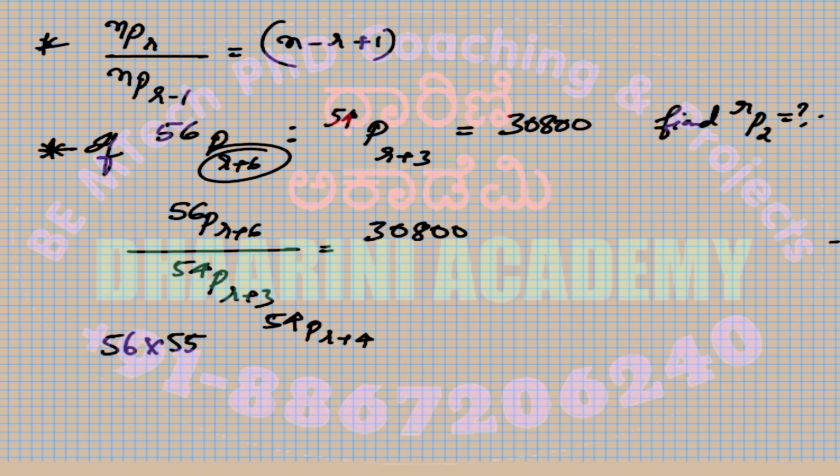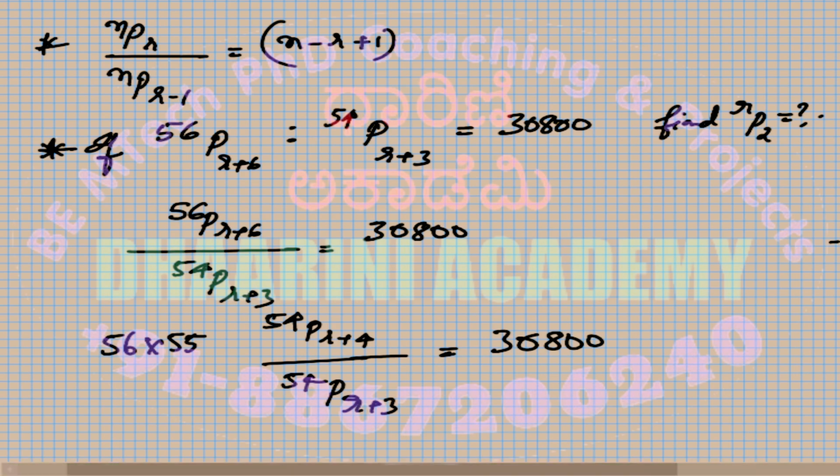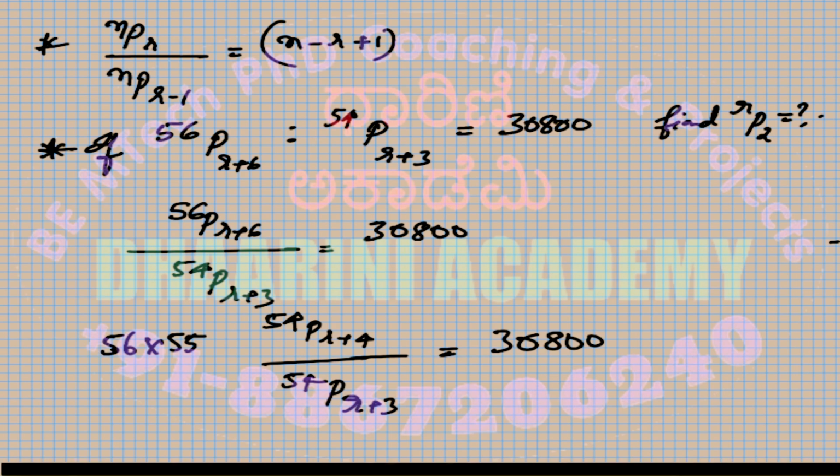So 56 became 54, and r plus 6 becomes r plus 4: 54P(r plus 4). So this is what is in the numerator. Denominator, let me keep this the same, so this is divided by 54P(r plus 3) is equal to 30,800. Okay, 55 into 56 is 3080, so this cancels with the 10 times.